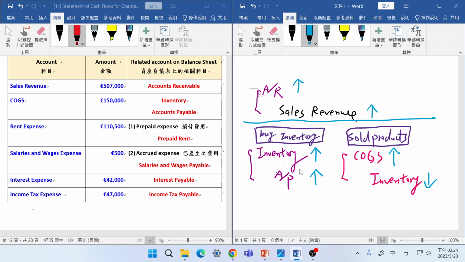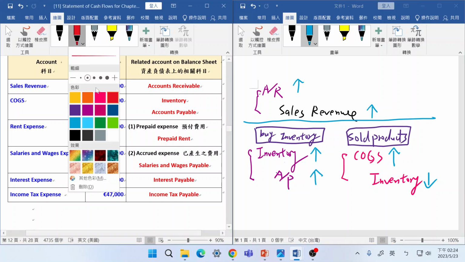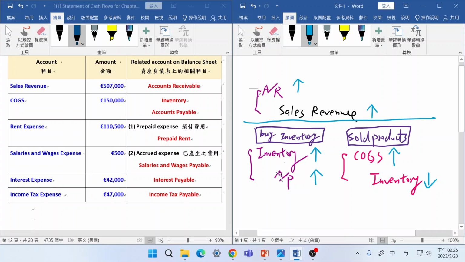These two accounts will help us to find out the cash outflows, because based on accounts payable, we could find out how much money we pay to suppliers. Then we will find out cash outflows. Okay? So that's why we need two accounts' help.